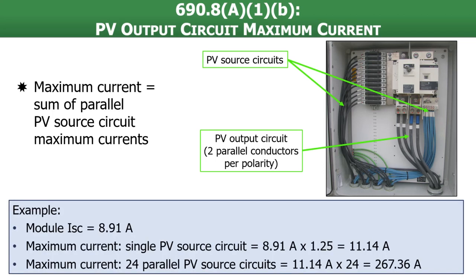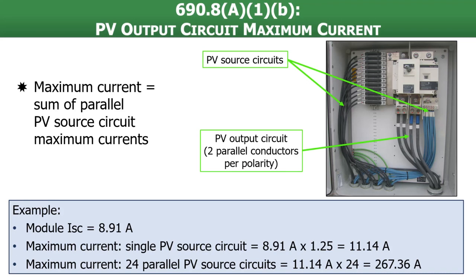So our example in this case is going to be our module ISC that we saw on the last slide, 8.91 amps. Maximum current is going to be checked as our single PV source circuit first. That's our starting point. So we take 8.91 amps times 1.25 and get that 11.14 amps of maximum current for a single PV source circuit, which we calculated on the last slide.